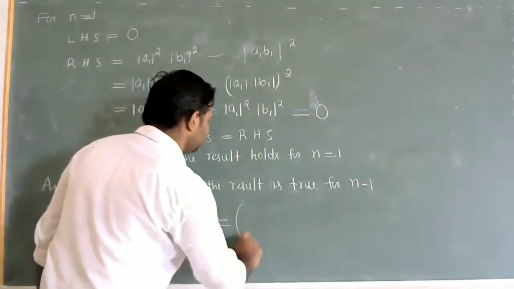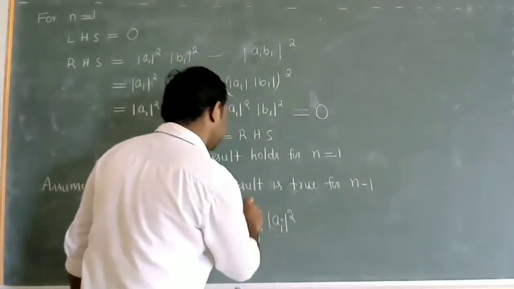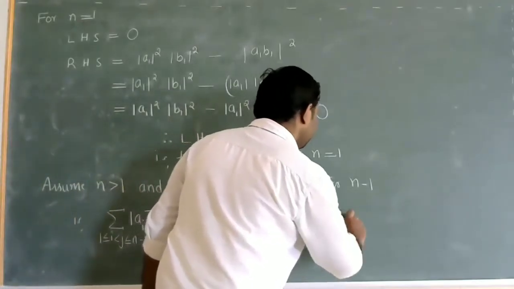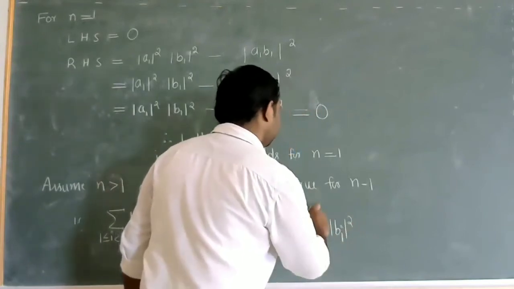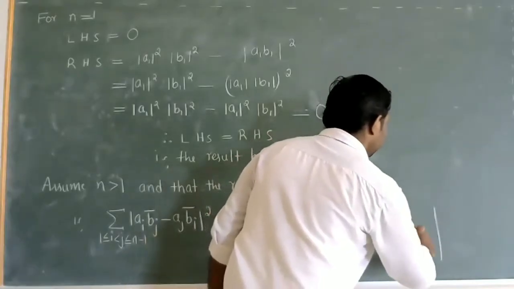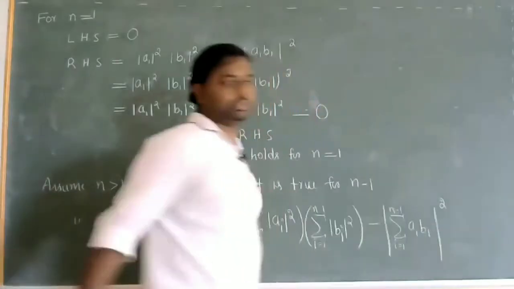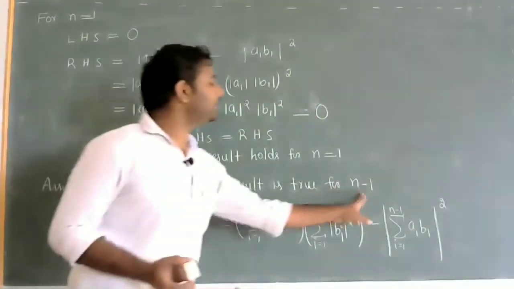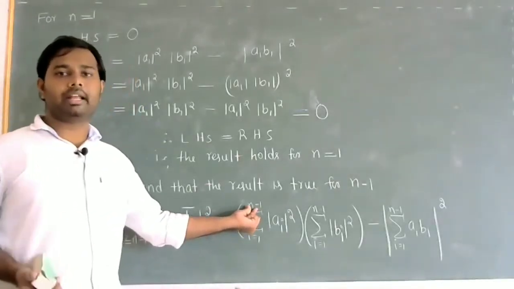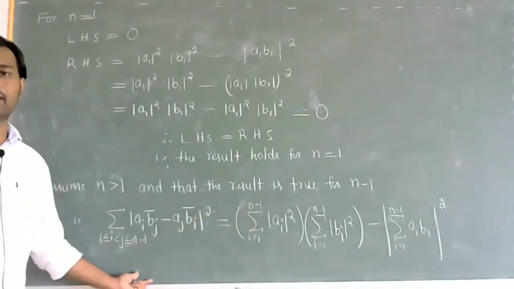So this is equal to summation modulus of ai whole square, i running from 1 to n minus 1, into summation modulus of bi whole square, i running from 1 to n minus 1, minus modulus summation ai bi, i running from 1 to n minus 1 whole square. So the result is true for n minus 1 means this equality is true for the natural number n minus 1. So this is the assumption which we have made now.